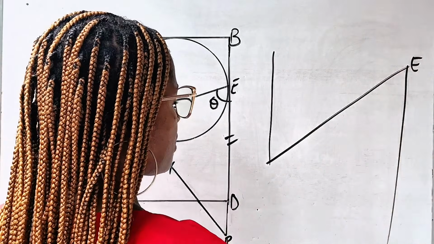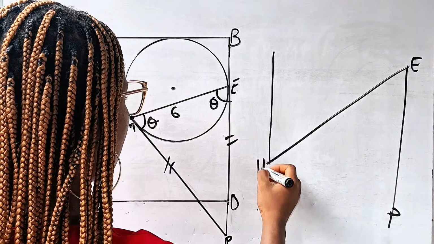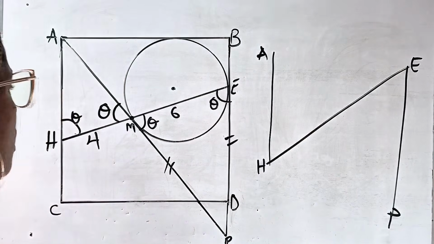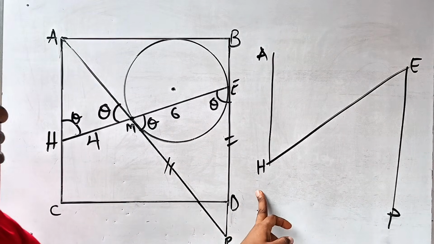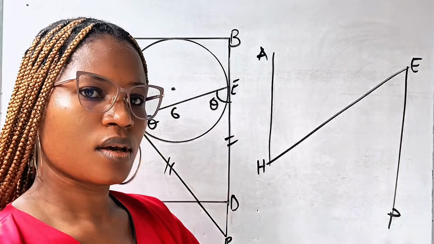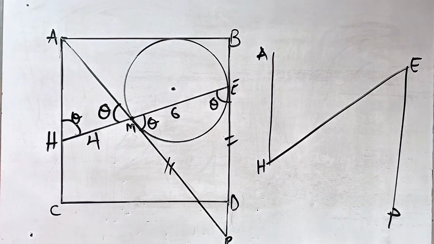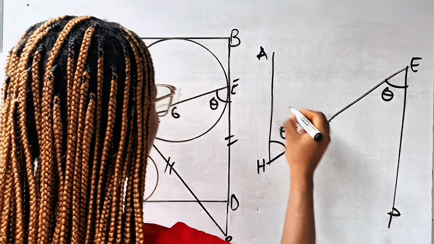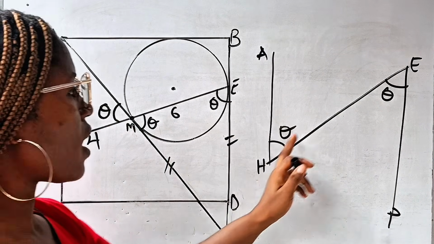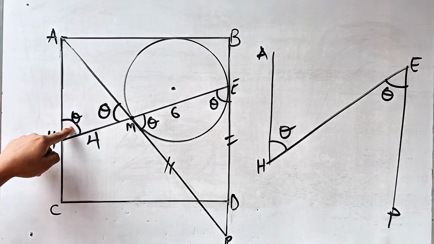This is EP, this is HE, and this is A. We are told that this is a square, meaning that AH is parallel to EP. If that is the case, HE is a transversal. If HE is a transversal and we have theta here, then definitely here should also be theta at H, because these two angles are alternate angles, and alternate angles are equal. So that is why this angle is theta as well.